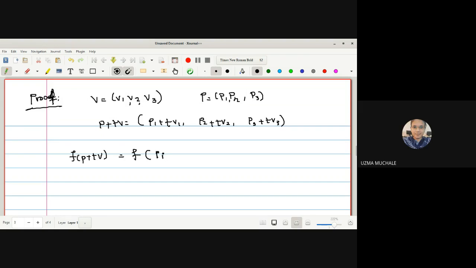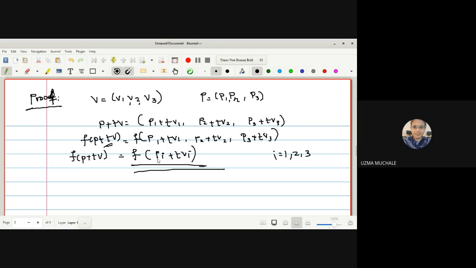We can say it is f of Pi plus TVi, or in detail, f of (P1 plus TV1, P2 plus TV2, P3 plus TV3). I have written this in compact form for i equal to 1, 2, 3: f of Pi plus TVi.